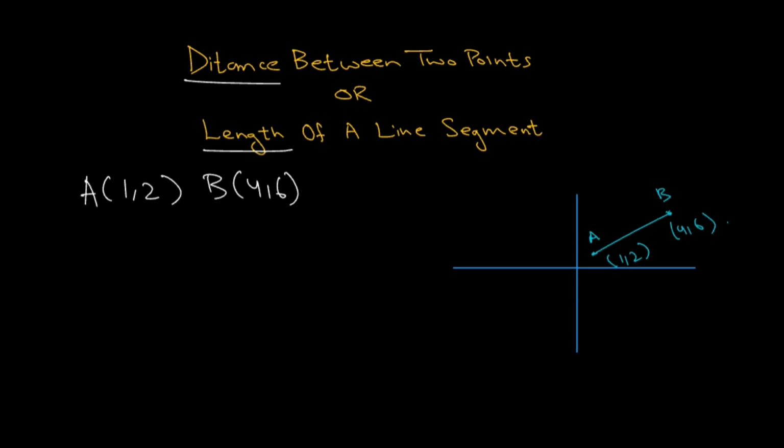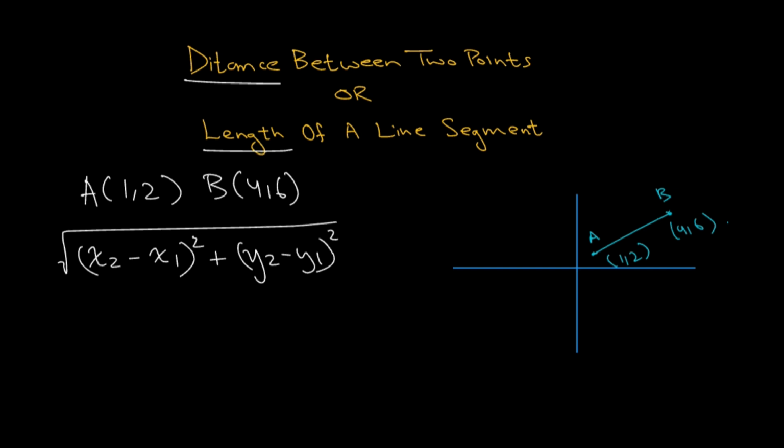So the distance between 2 points or the length of a line segment is given by the square root of (x2 minus x1) whole square plus (y2 minus y1) whole square, that is distance between x coordinates squared plus distance between y coordinates squared, and square root of the whole thing. So let's call 4, 6 as x2 and y2 and 1 comma 2 as x1 and y1.